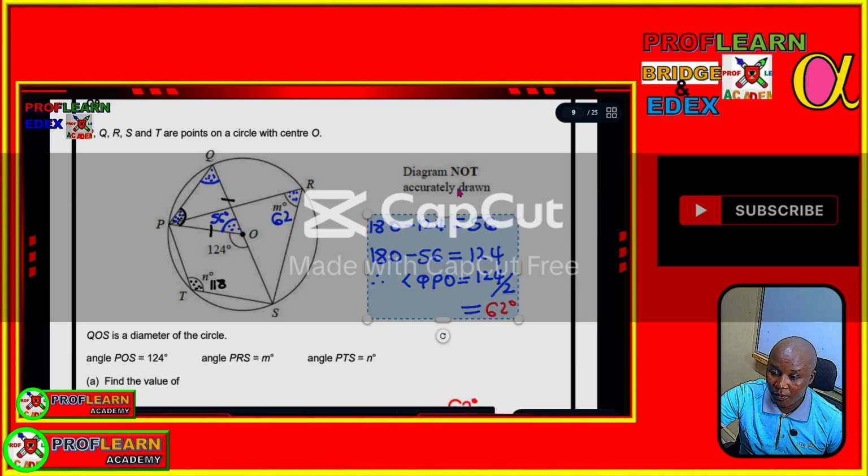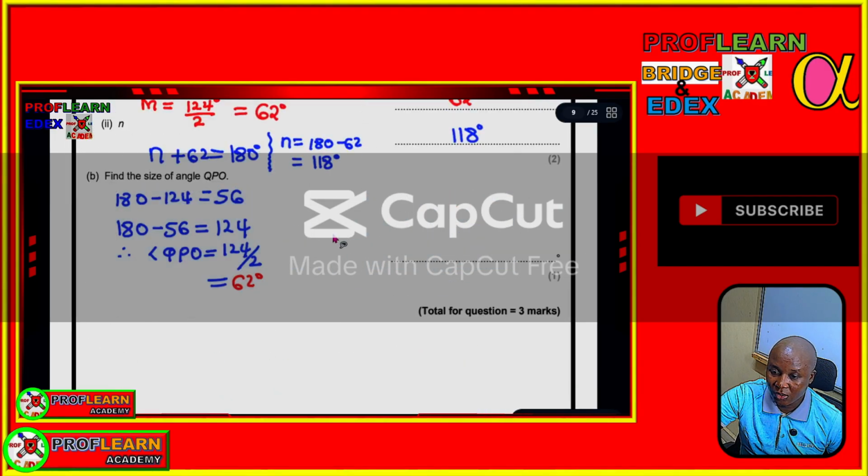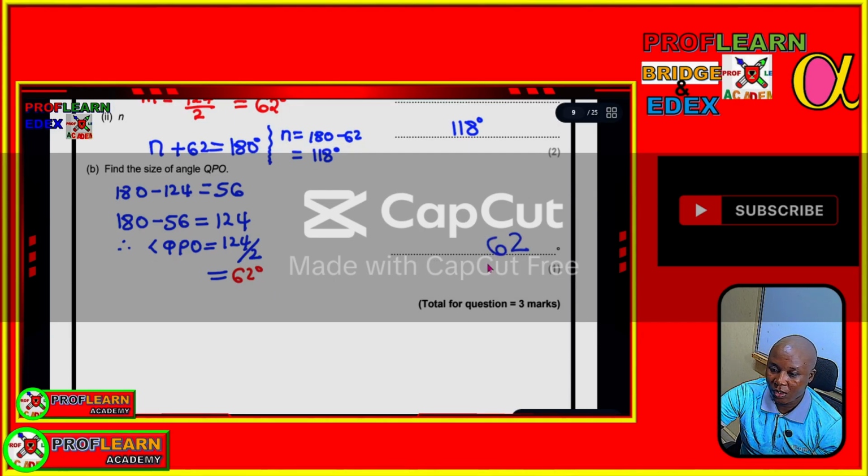So the two base angles of that isosceles triangle should be 62 degrees, and angle QPO is 62 degrees, and we transfer it there so that we can make the examiner happy up to that particular point.